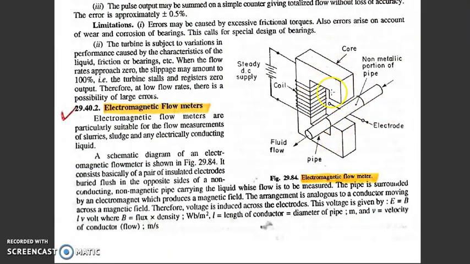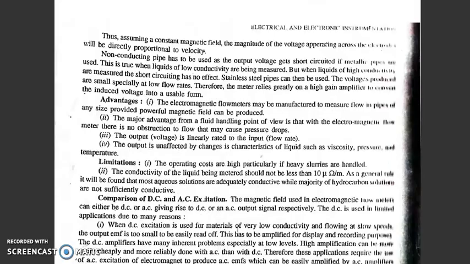In this electrical diagram, this is the magnetic core cut view, and the magnetic core is wound with a coil, and there may be a supply of DC or AC, but most preferably AC supply is given to the coil so that we receive an AC output voltage. The non-metallic portion of the pipe is this one.